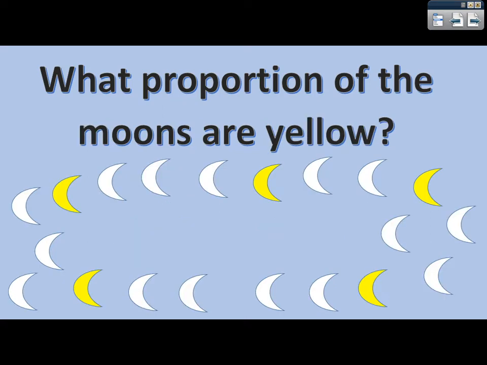What's next? Lots of counting here. What proportion of the moons are yellow? Did you get 5 out of 20? Or maybe you've already simplified, because you have to simplify this one. They're both in the 5 times table.